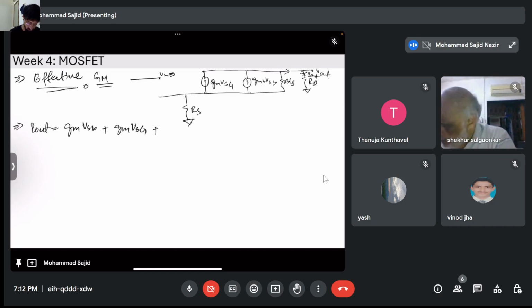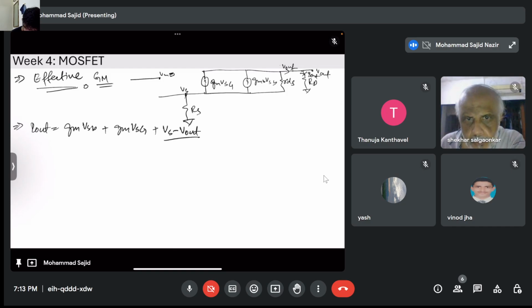This is Vs, this is V out, so it has to be Vs minus V out by Rds. But we know when you calculate Gm, the V output is equal to 0.